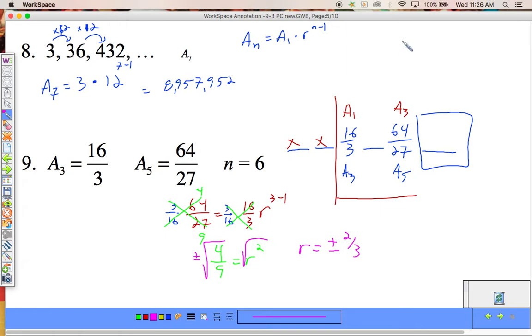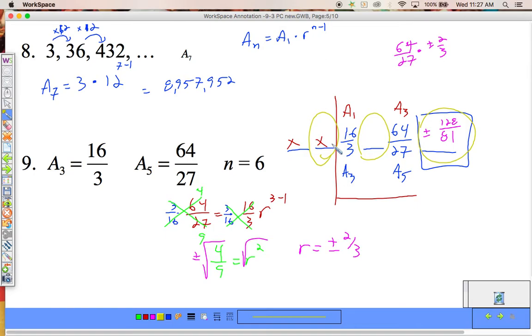So when I take my 64 over 27 and multiply it by plus minus 2/3, I'm going to get a positive or a negative 128 over 81. The reason this is a plus minus, because when we go back, way back at the beginning, when my ratio is negative, every other term was negative. So if this one was negative, that one could be negative, and that one could be negative.